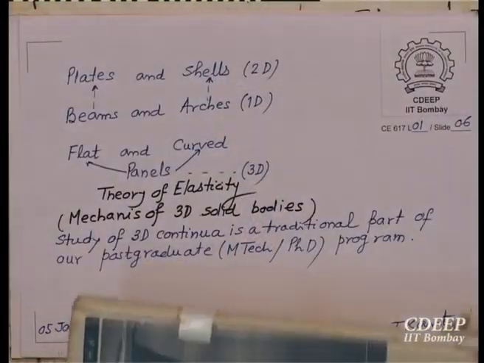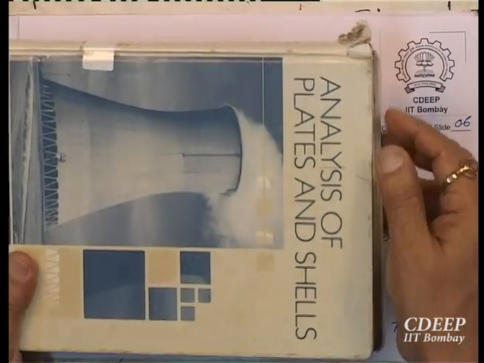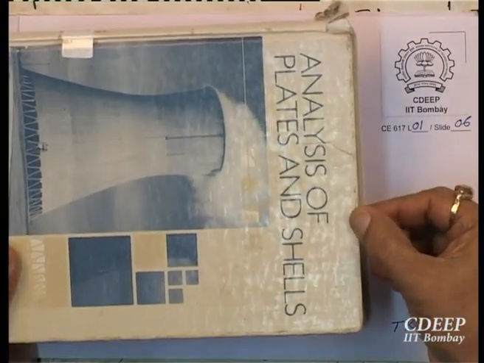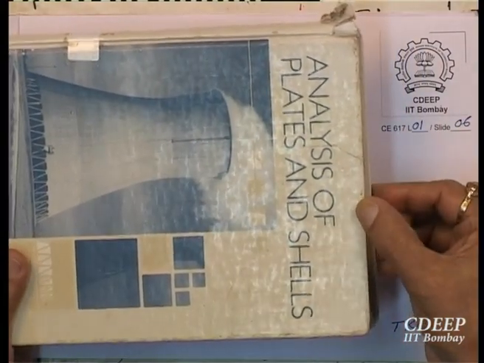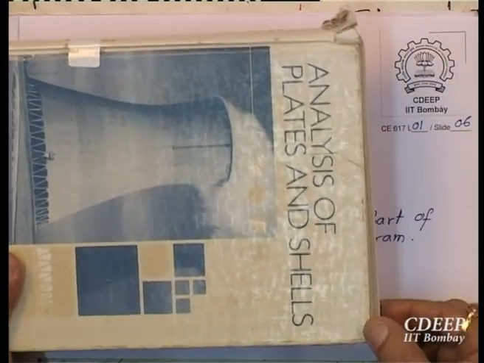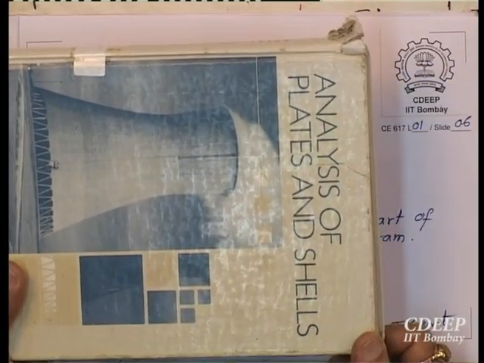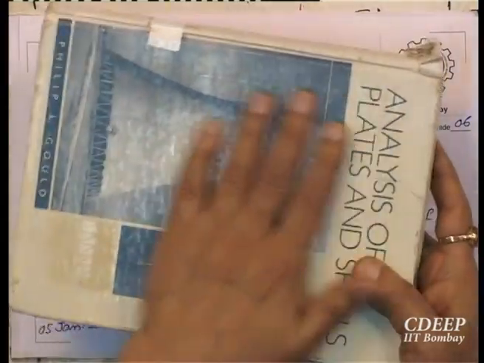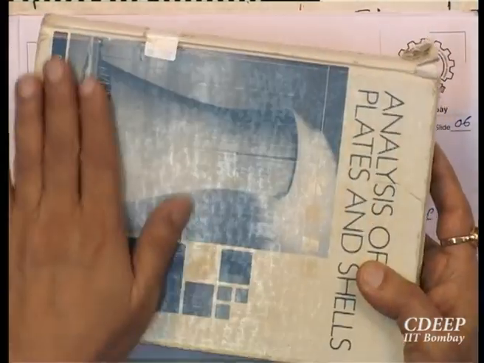So, this book can be called a plate. The thickness or depth of this book is much smaller than this width and this length, okay. And it is flat.